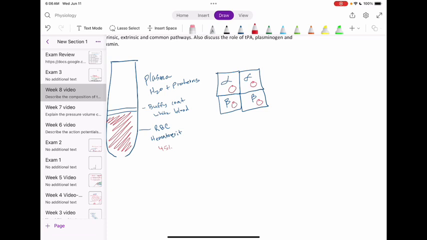And the body can break down the globin without an issue, but heme, it has to go through a different process.